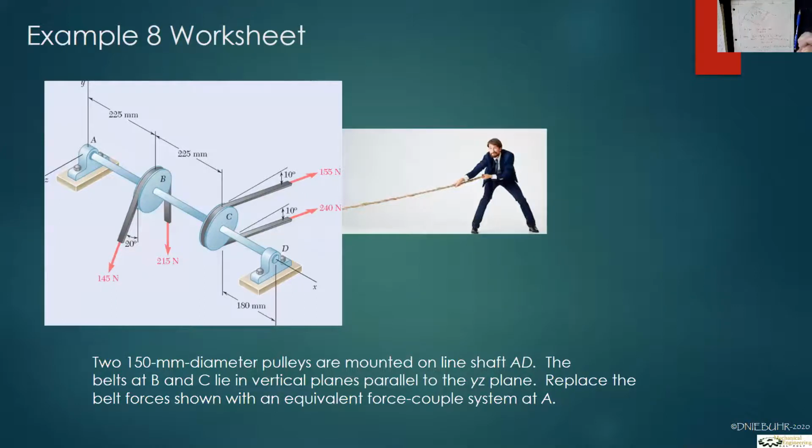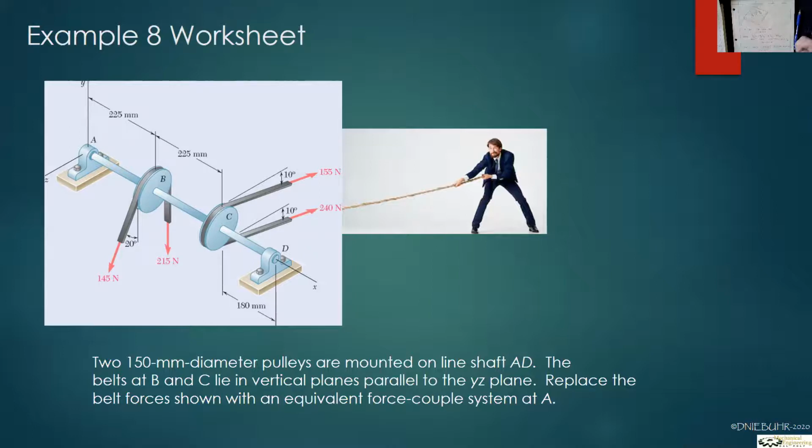Now, because both C and B have slight angles to them, it's not going to be a pure rotation about the y and the z respectively. There's going to be a small component in C's case that's wanting to rotate about the z, and a small component in B's case that wants to rotate about the y. But neither of those belts is doing anything about rotation about the x.